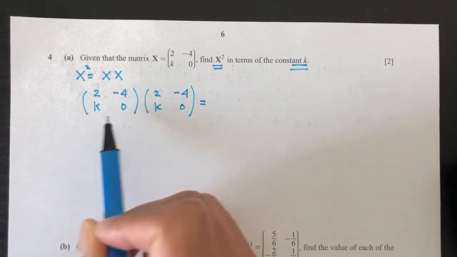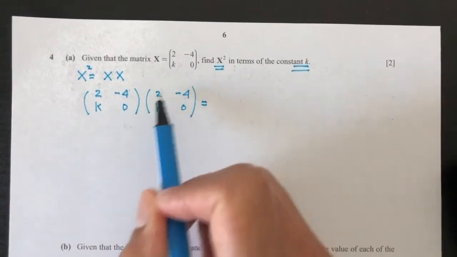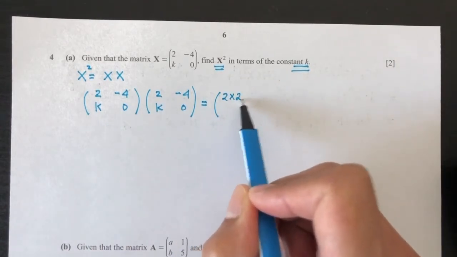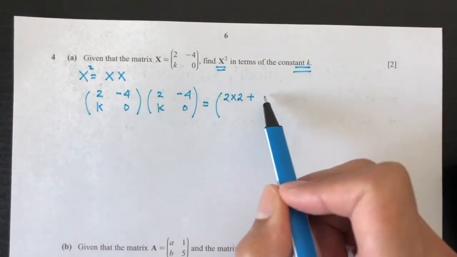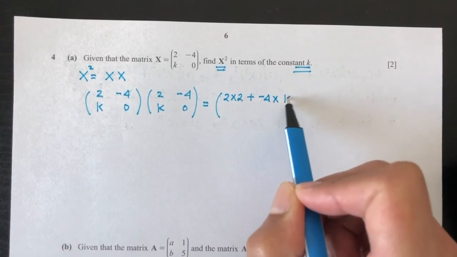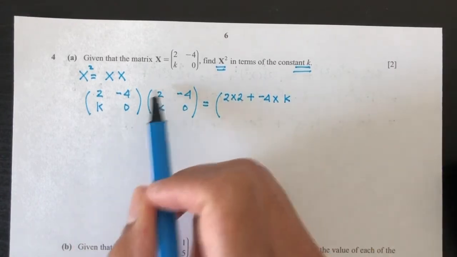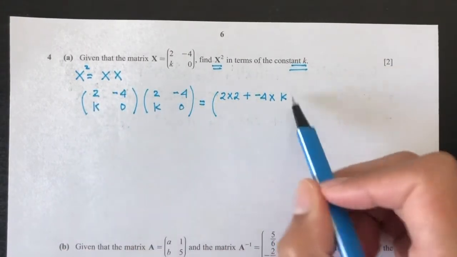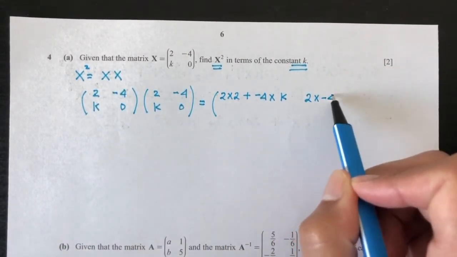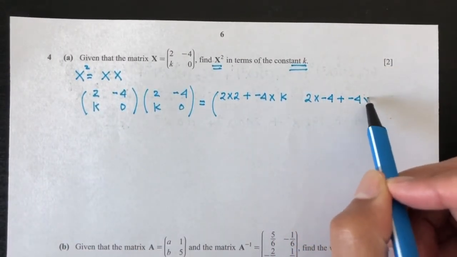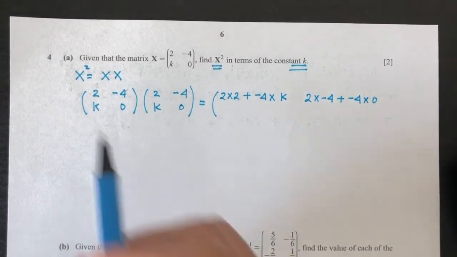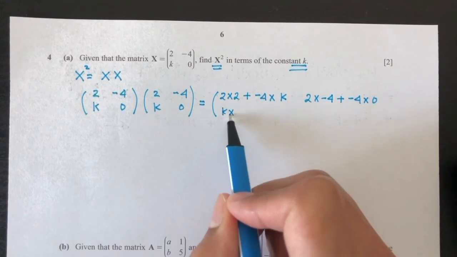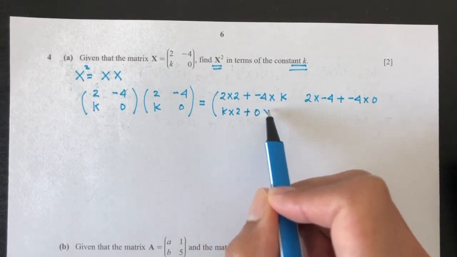Now to multiply matrix is always rows by column. So first one we have 2 times 2 plus minus 4 times k. Okay, that's our first one. And now for this one, rows by column. So 2 times minus 4 plus minus 4 times 0. That's the other one. Now for this one, rows by column. So k times 2 plus 0 times k.